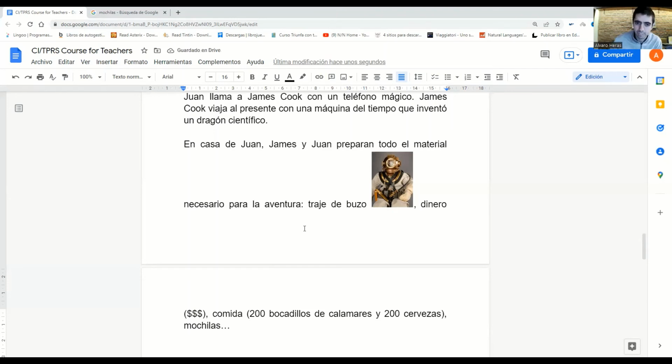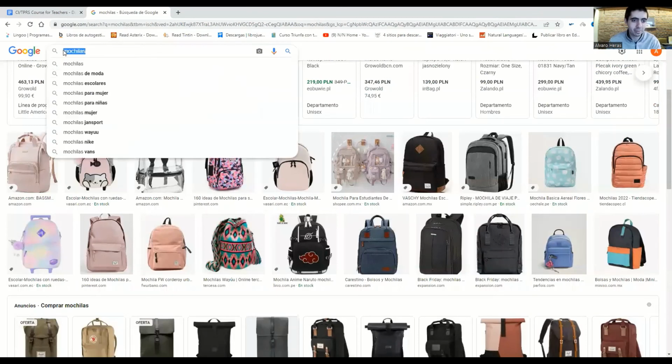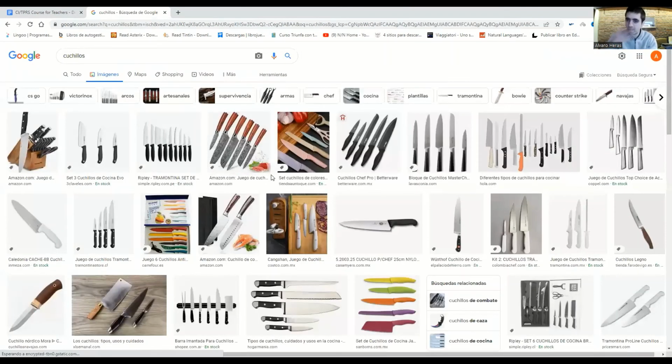Una cuchilla, I think. Cuchilla, maybe. Para cortar los bocadillos. Exactamente. Perfecto. Cuchillos para cortar los bocadillos. Perfecto.